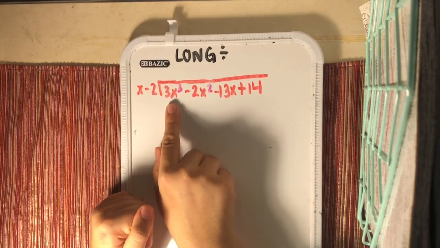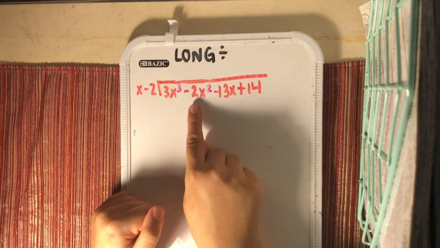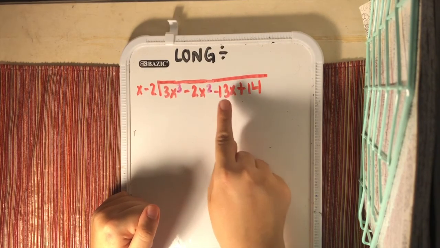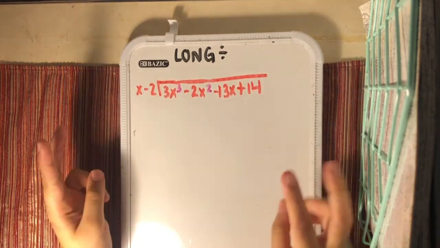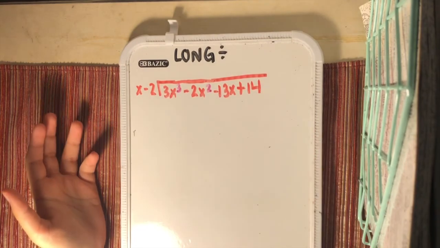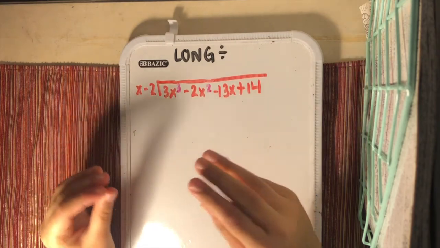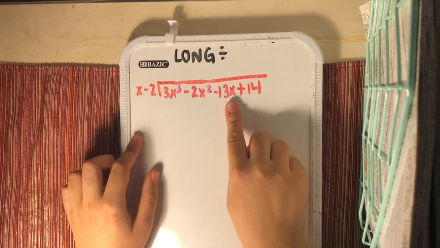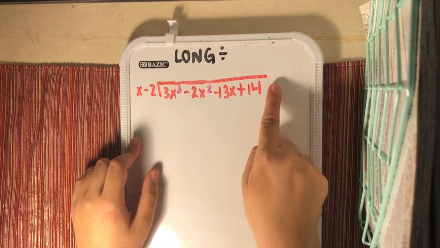So our first term has an exponent of 3, our second term is 2, our third term is 1. There's that invisible 1 up there, right? We don't usually write the 1 for an exponent because anything to the first power is just that number. So we have 3, 2, 1, and over here we have none, so that's 0.